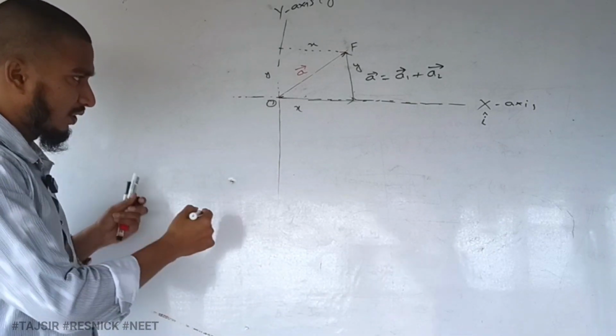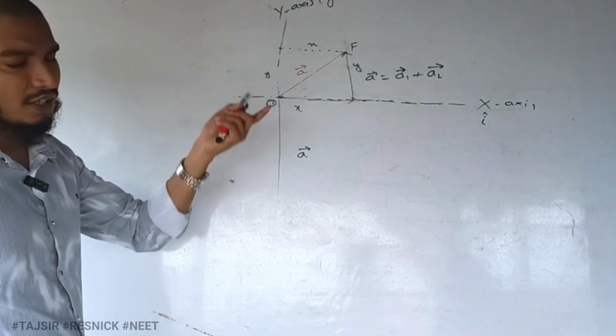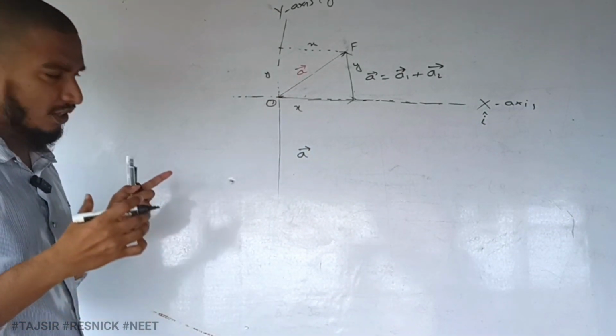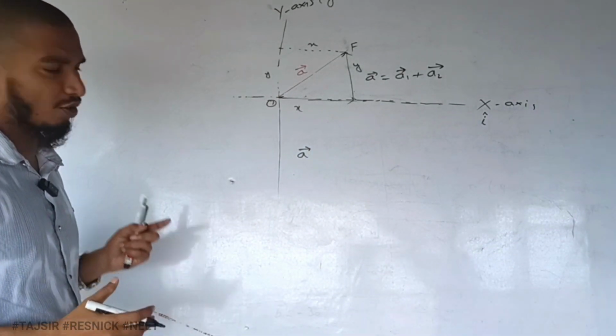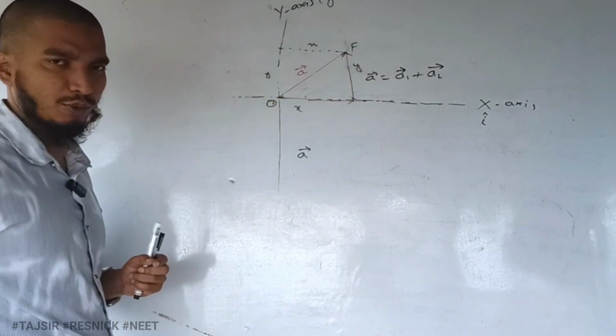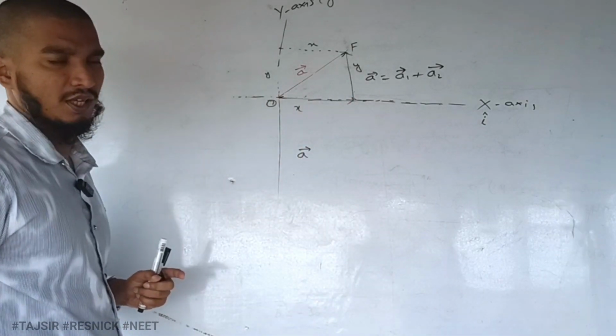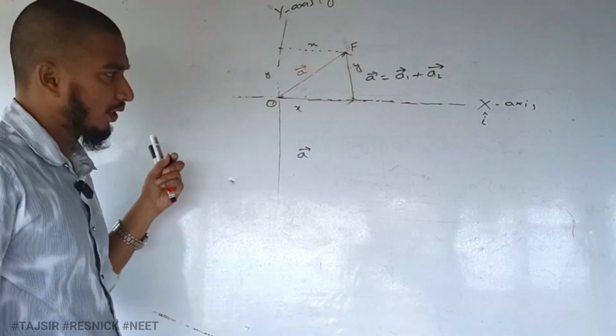So what we see is that vector A is the sum of two vectors, or we can go to F from point O in two steps, along x and along y.